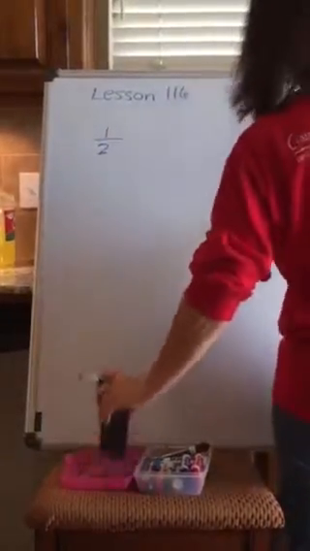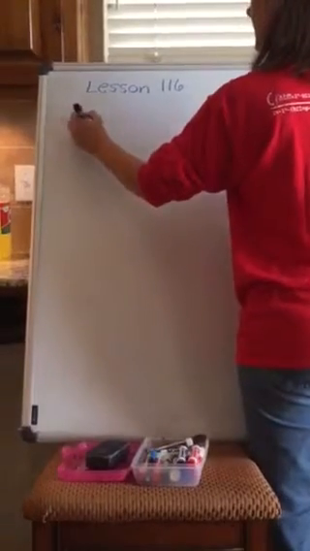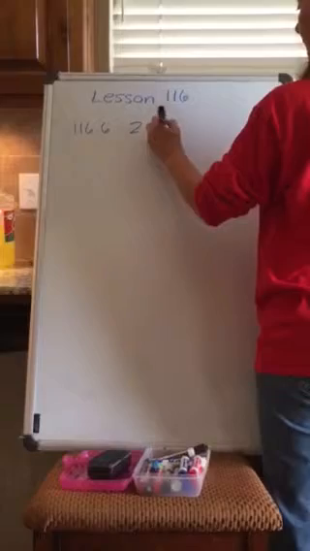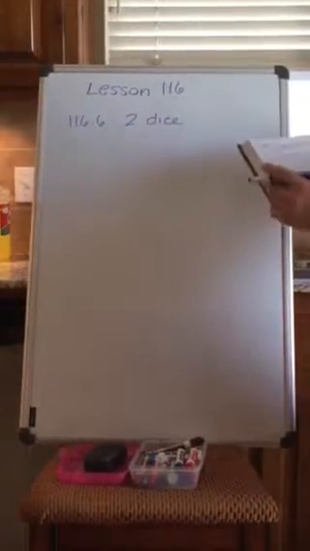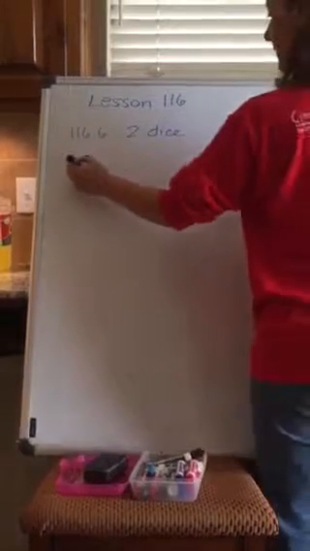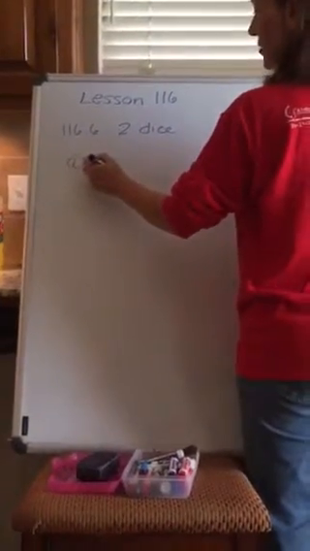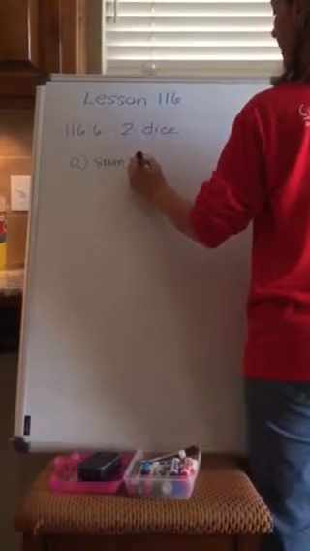All right, so let's look at 116.6. In 116.6, we do have 2 dice, all right? And it asks on page 472, what is the probability of A, getting a sum of 7? So we want the sum to be 7.